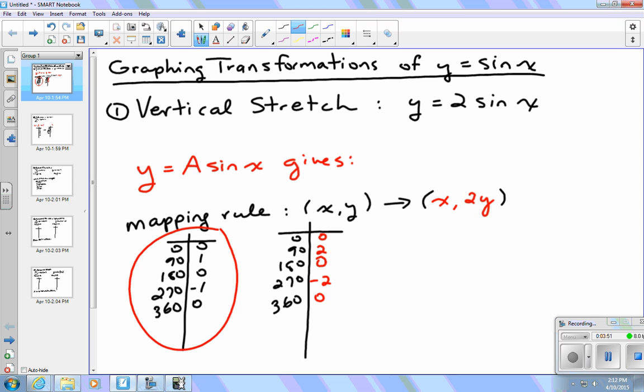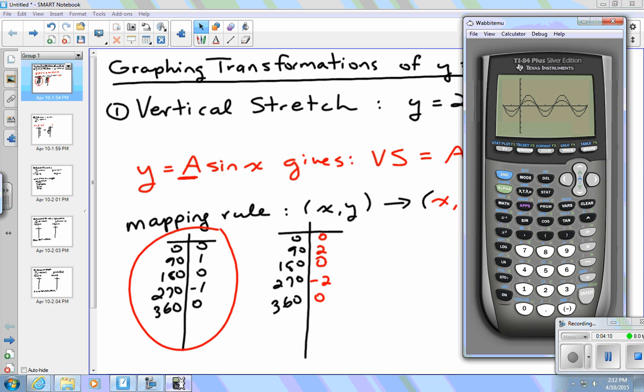Okay? So in general, when we have a number a multiplied by sine x, it gives us a vertical stretch of a. So for instance, if I did y equals 1/2 sine of x, I'll just bring the calculator up and we'll do that one. If I go to y equals, and instead of sine x, do 1/2 sine x.